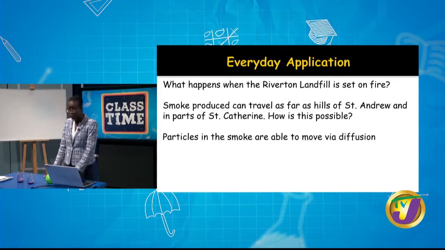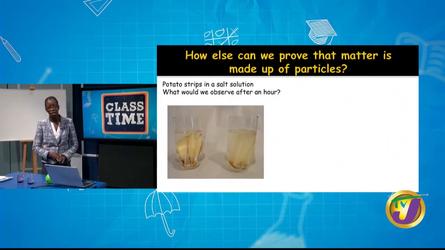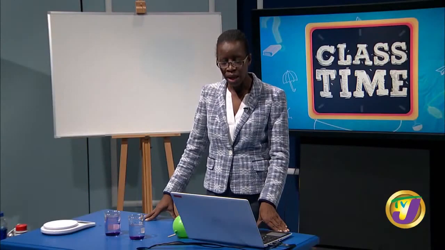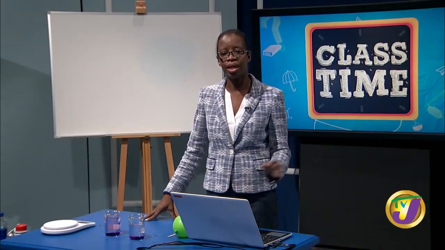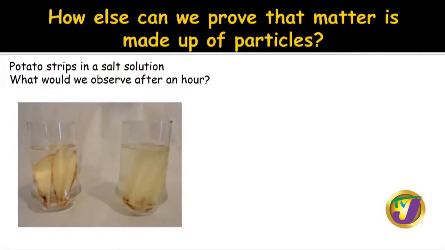Okay. Now we look at one more example of how we can prove that matter exists as particles. If you were to take your potato, Irish potato, or any such fruit or food, and you were to place it in water. So in this example, we're looking at potato slices or potato strips placed in a salt solution. So if we were to place it in a salt solution, after some time, what would you observe?